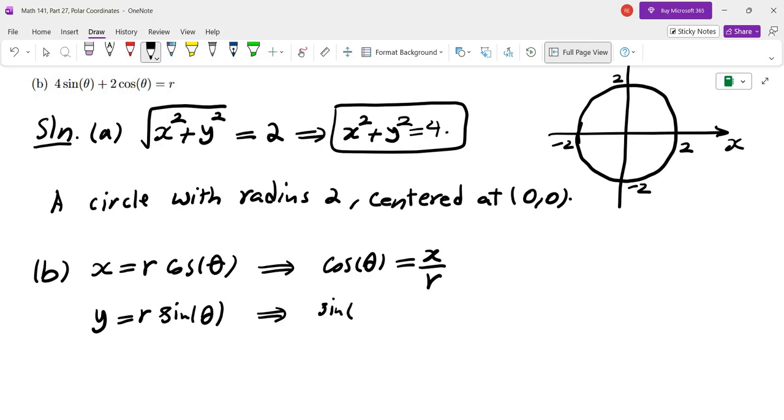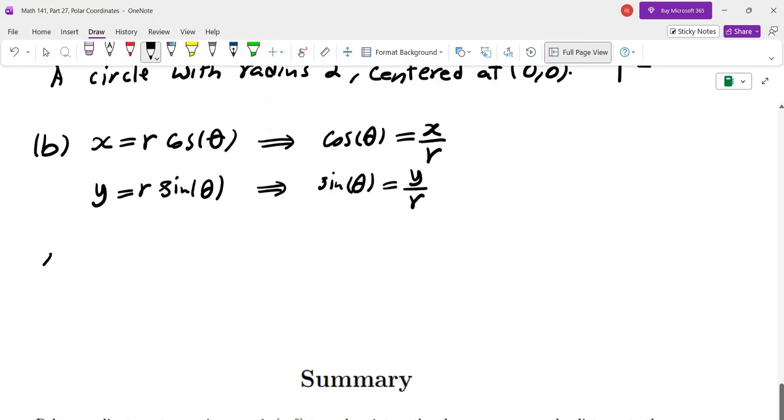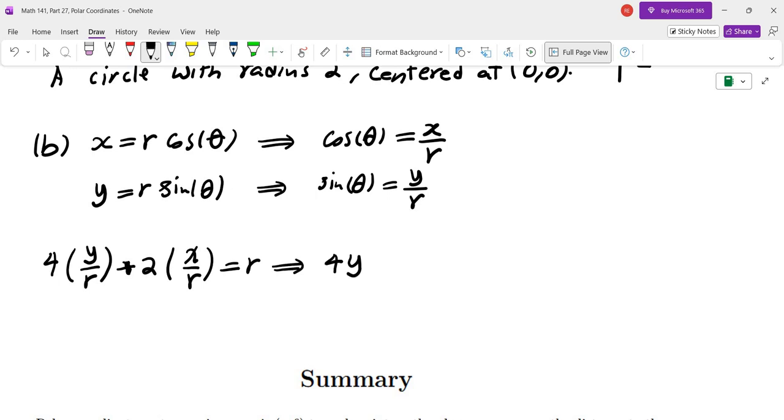So sine of theta is y over r. So we're going to substitute. We get 4 times y over r plus 2 times x over r equals r. We're going to clear the denominator. We get 4y plus 2x equals r squared. R squared is x squared plus y squared.